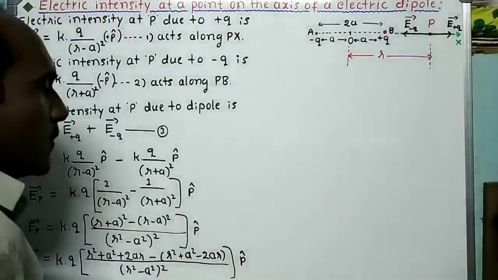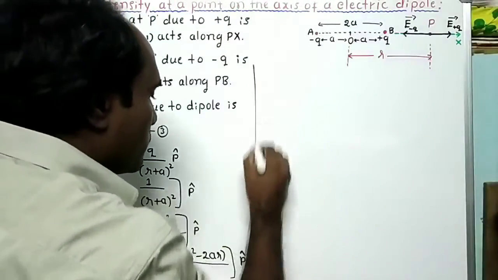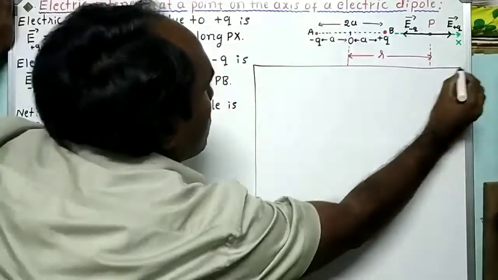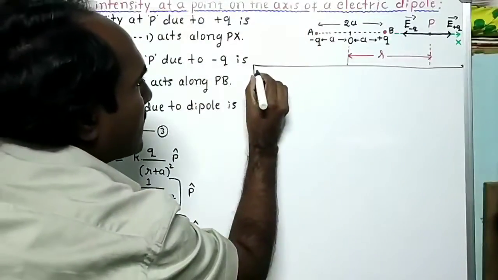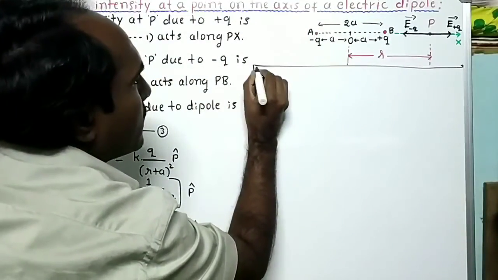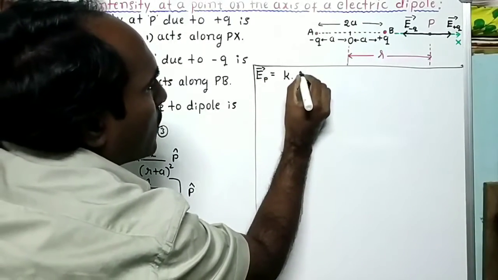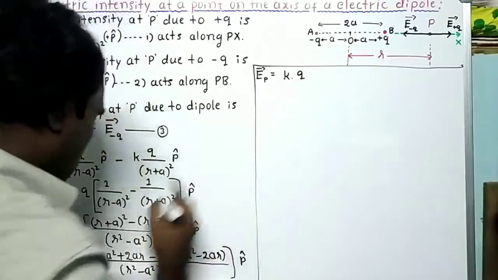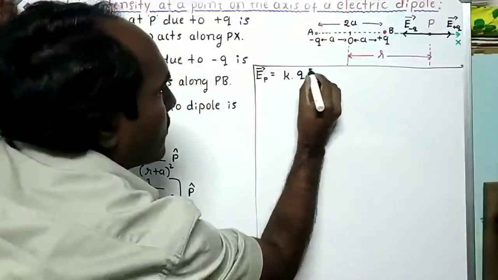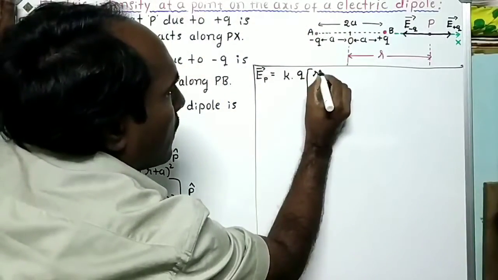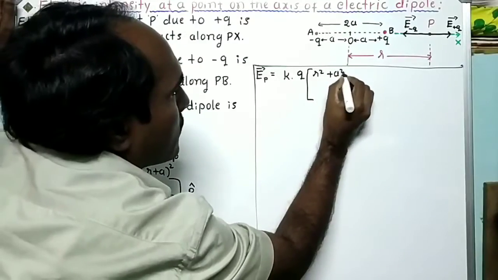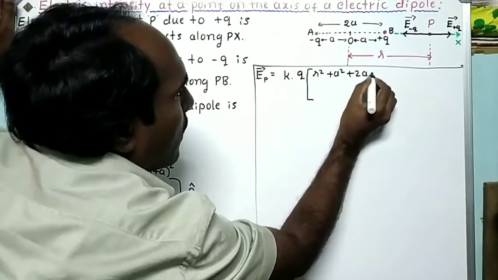Now I will write here again. The electric intensity at the point P, vector EP, is equal to K into Q into bracket R square plus A square plus 2AR.